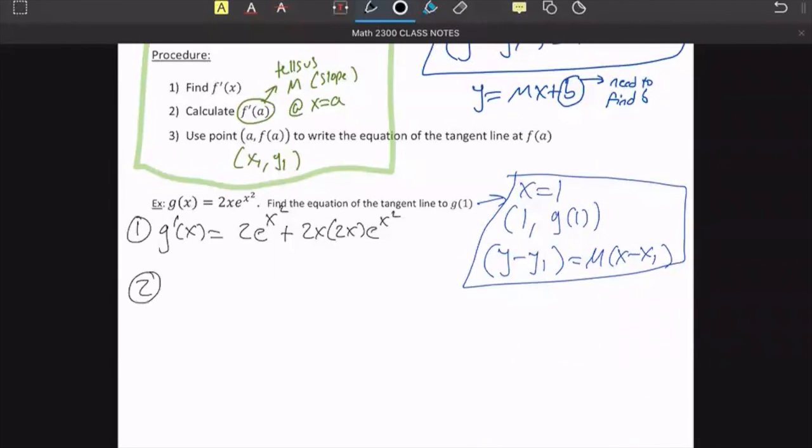Just plug that number in. I did this before, and I plugged it into a calculator and got approximately 10.87 if you'd rather work with the decimal. All right, so that's the slope.